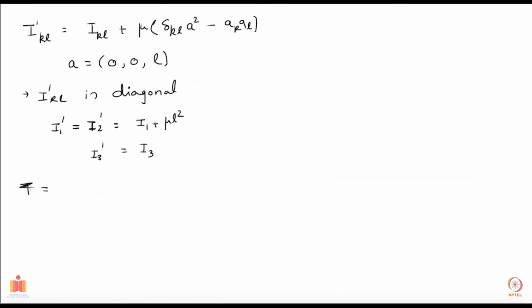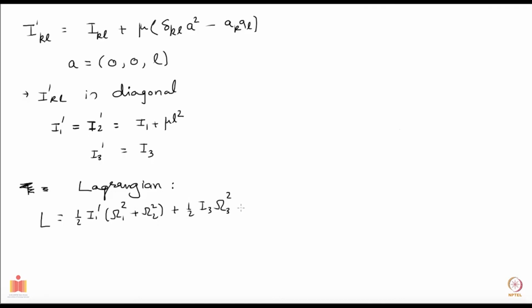My Lagrangian is the following. For the kinetic energy, I have half I1 prime (omega 1 square plus omega 2 square), because I1 prime is the same as I2 prime, so I can do this, plus half I3 omega 3 square, minus the potential energy.